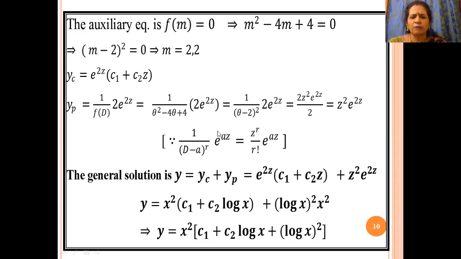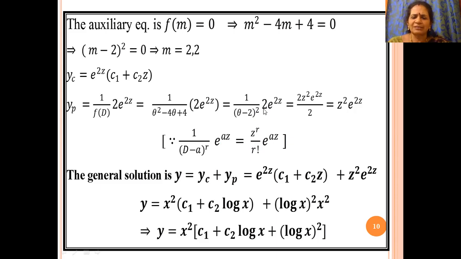This is in the form of 1 by (D minus a) whole to the power of r into e power az. Right? So the formula is z to the power of r by r factorial into e power az. So r is nothing but the power, the degree. Here r is 2, that's why z to the power of 2.